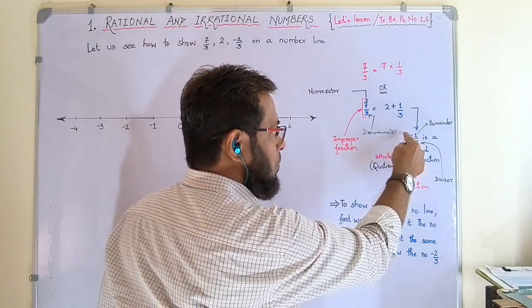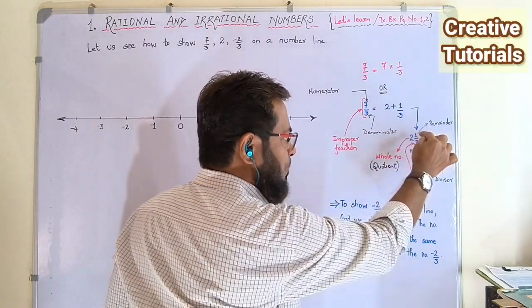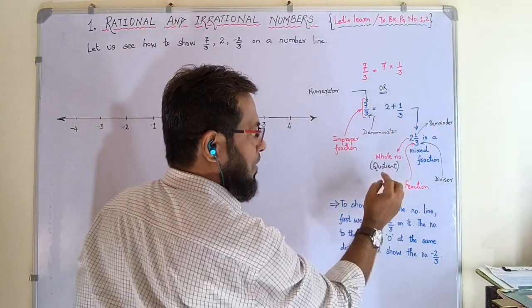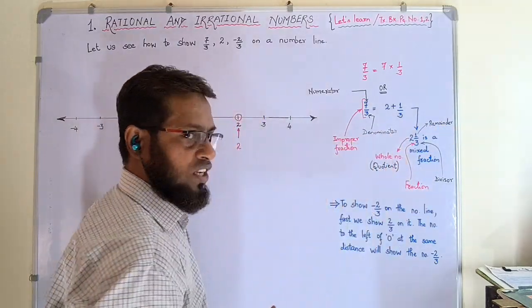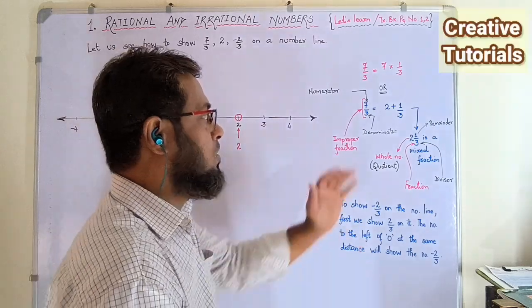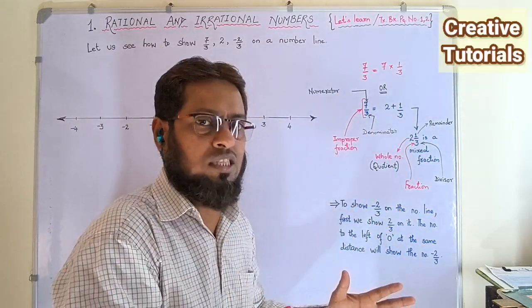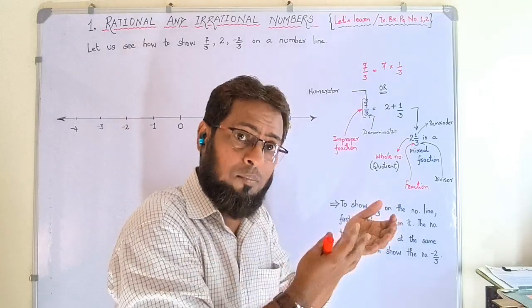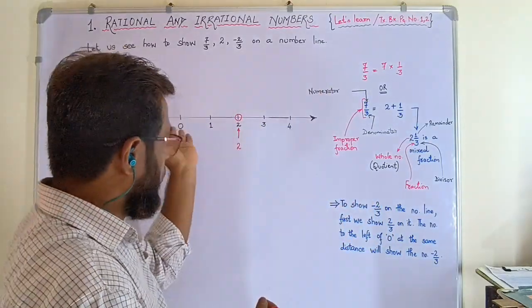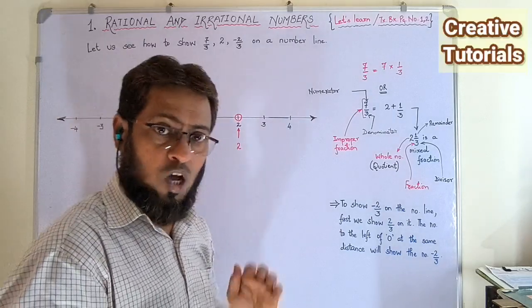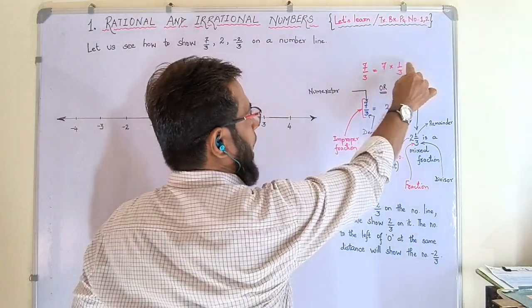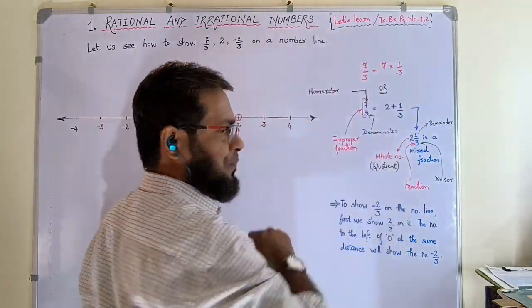So this number 2 is your whole number and 1 upon 3 is the fraction. So an improper fraction can be split up into a whole number and a fraction. Actually this is not the main part of the chapter, but I have given you these basics because you must know what's happening and how we can plot these points on the number line. So if you see 7 multiplied by 1 upon 3, let us come here.